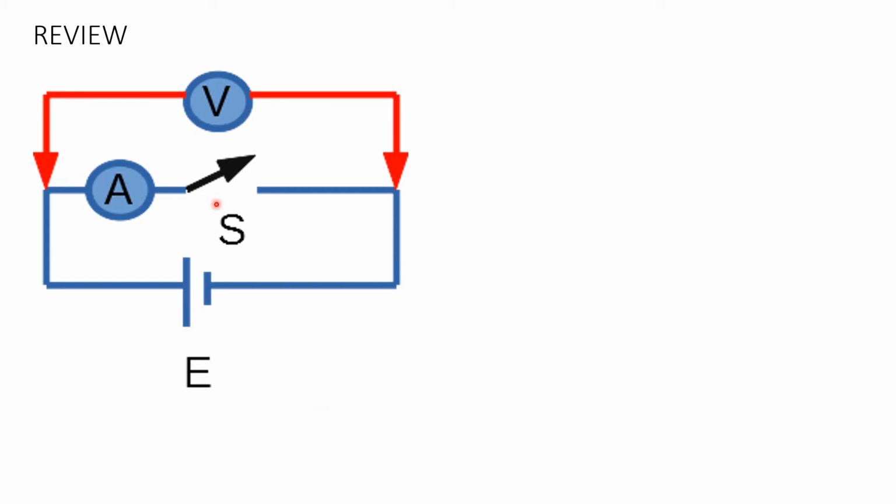Suppose I have a switch S connected across a voltage source E. The current is recorded by the ammeter and the voltage is recorded by the voltmeter. When the switch is open, we will notice that the voltmeter records a voltage of E volts.